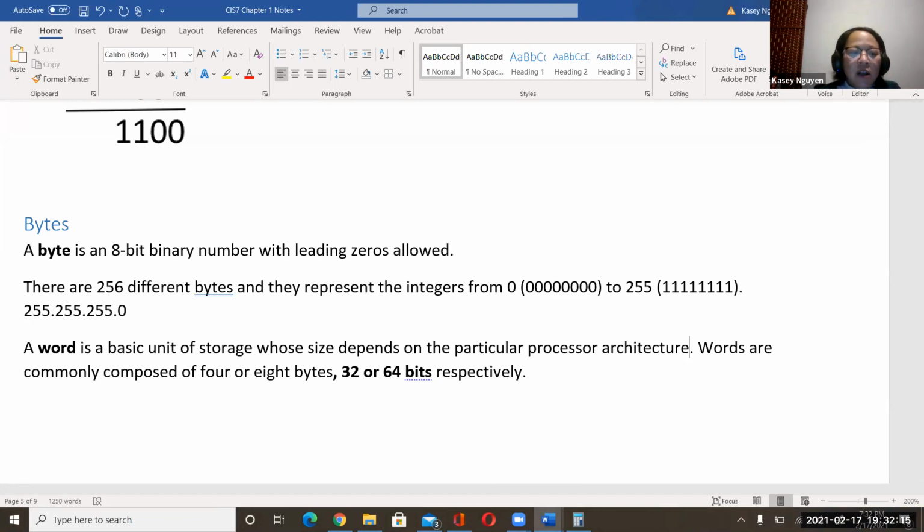Words are commonly composed of 4 or 8 bytes. So when you're referring to 64-bit this or 32-bit that, like applications, that is respectively looking at the composition of the size. So 4 bytes equals 32 bits, and so on.